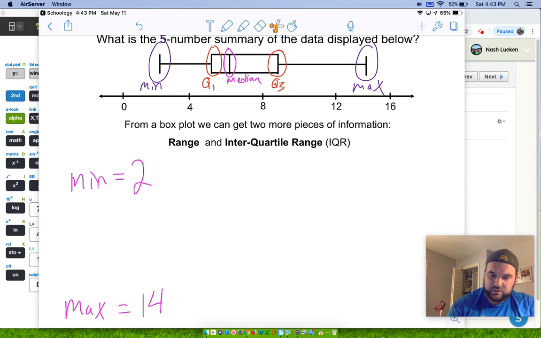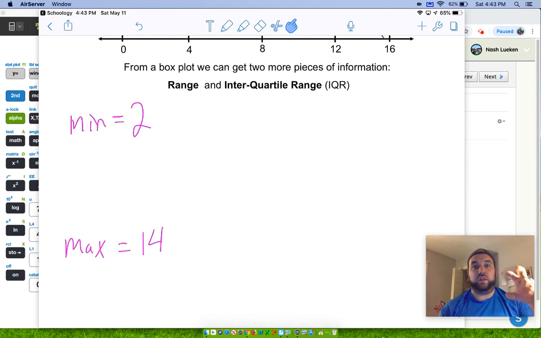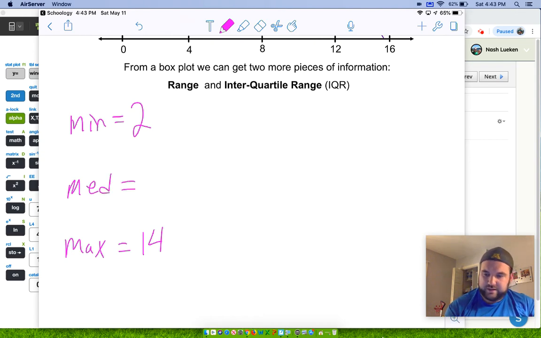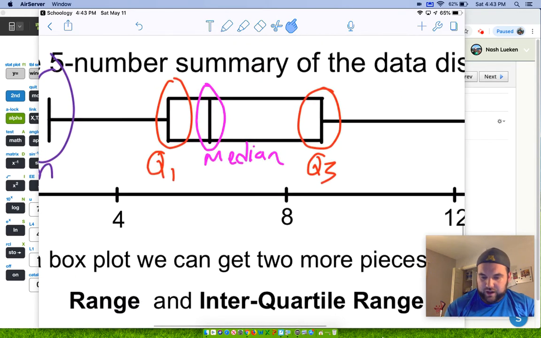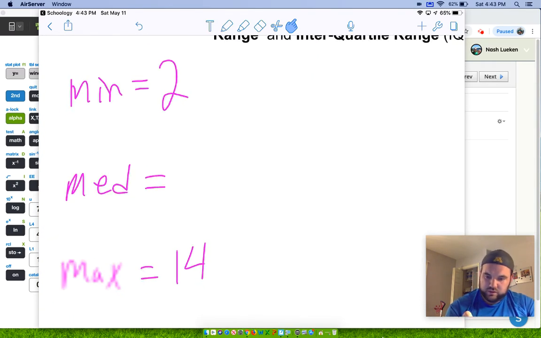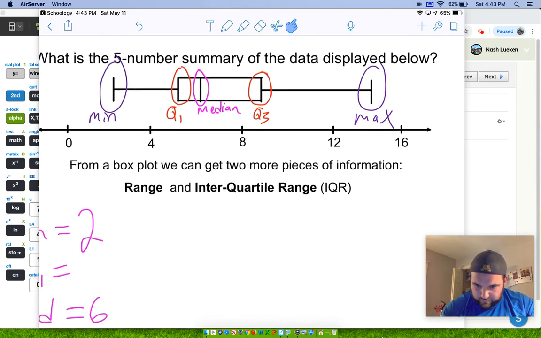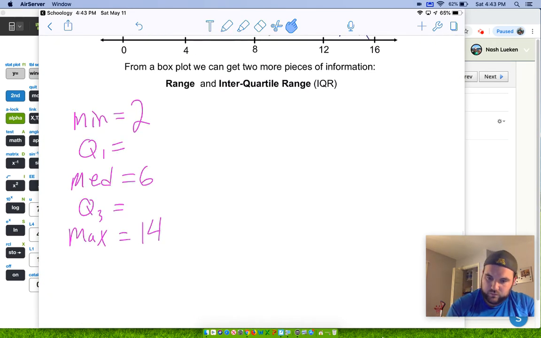Now again, when I say the number in the middle, I don't mean visually in the middle, but we're talking about the median, which cuts that data set in half. I'm looking at the line inside that box, which looks to be at 6. So the median would be 6. Q1 and Q3 make up the last 2 numbers, and those look like they are at 5 and 9.